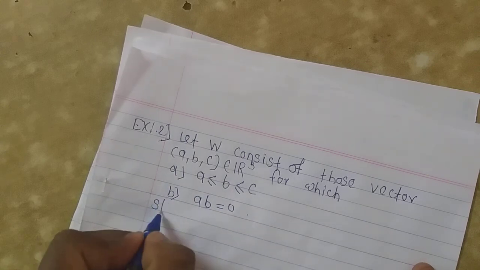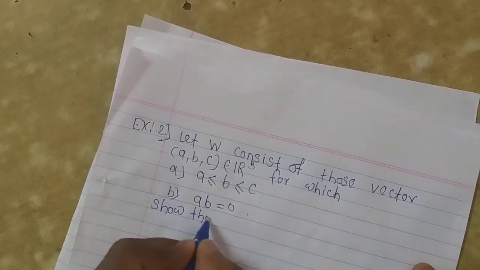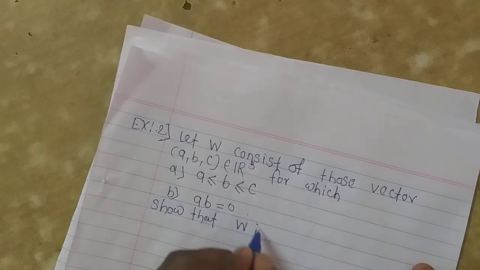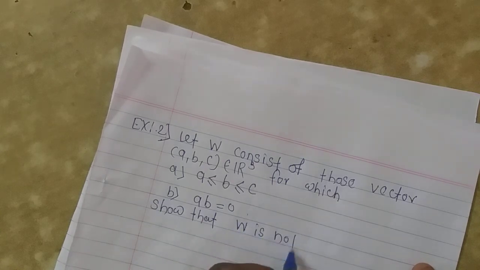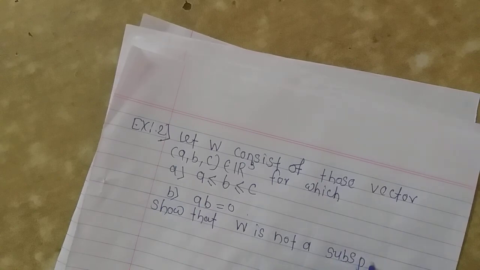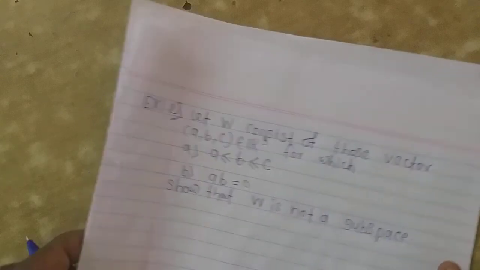Show that W is not a subspace. W is not a subspace.